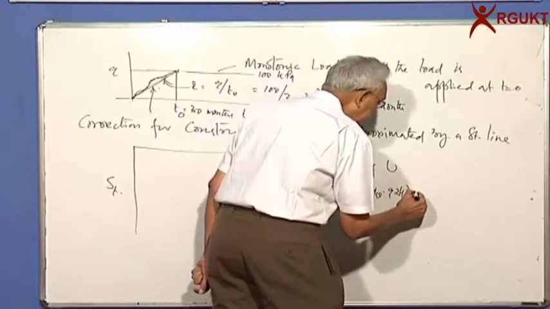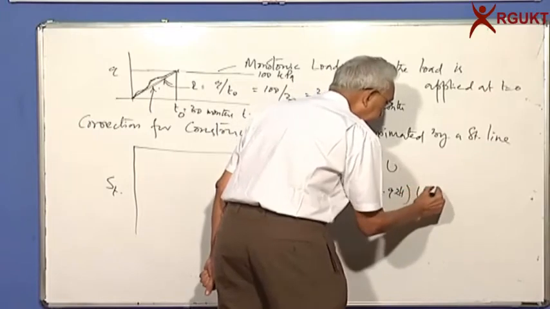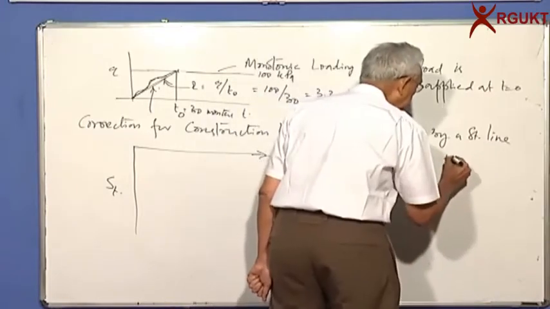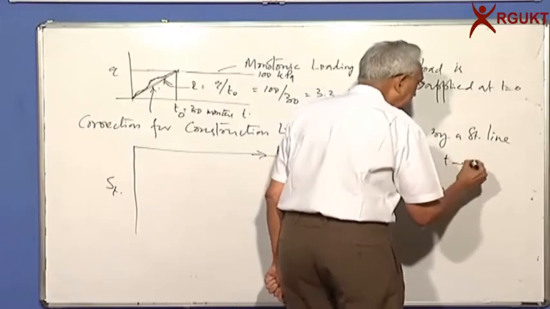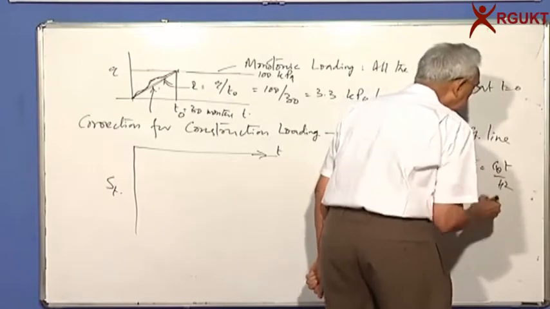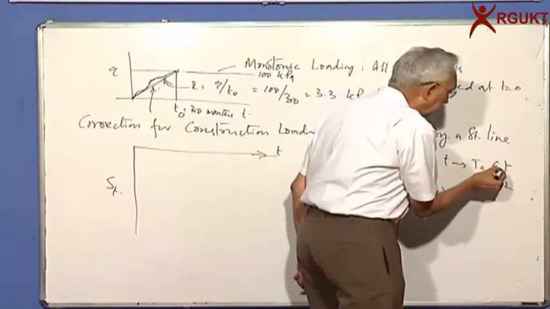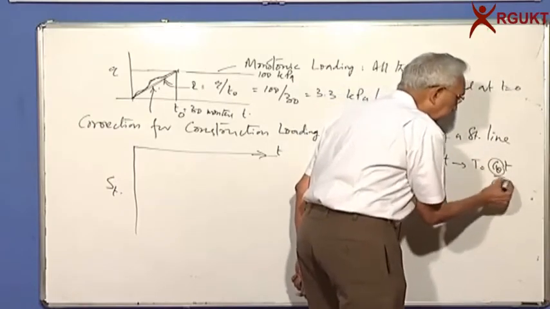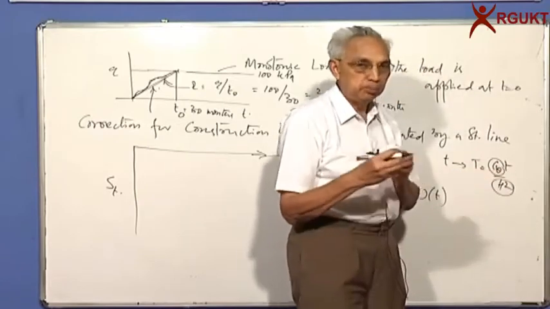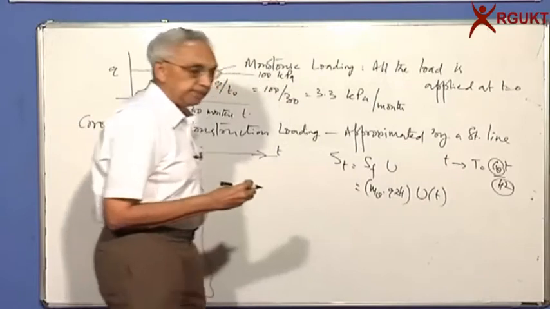U is the degree of consolidation, and U is a function of time t. How do I get it? If I know t, I calculate time factor c_v t by H squared. I know the property of the soil, I know the maximum length of the drainage path. I say t is equal to 1 month, 2 months, 5 months, 12 months, etc.